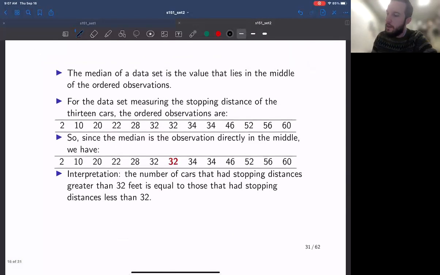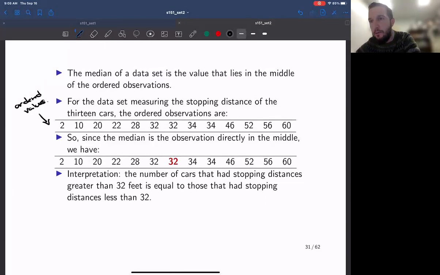Okay, so here we have the ordered values. We've ordered the data from smallest to largest from the previous slide. Now what we're going to do is identify which point falls in the middle. This is a relatively simple process.